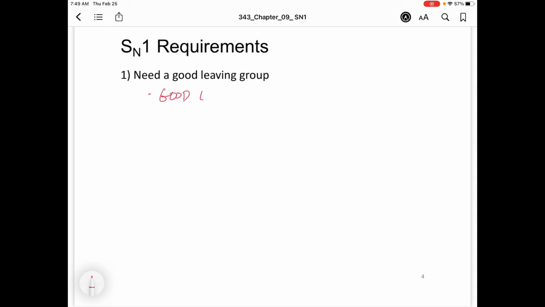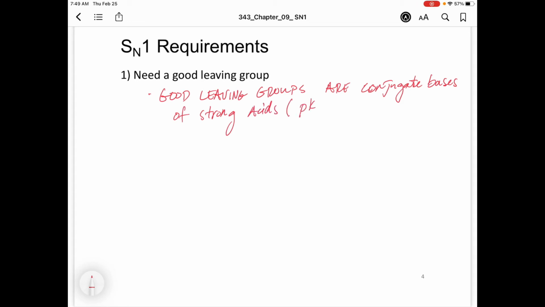Well, good leaving groups are conjugate bases of strong acids. These strong acids have pKa values of typically less than or equal to 0.